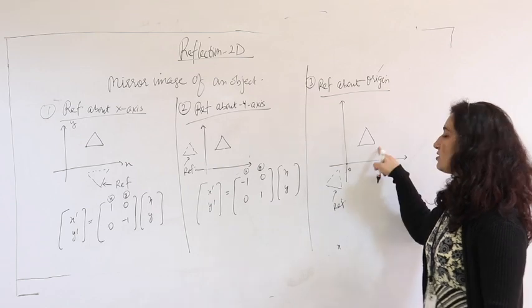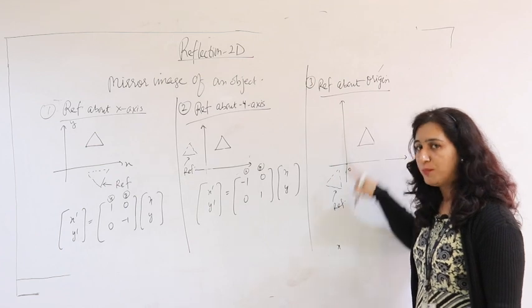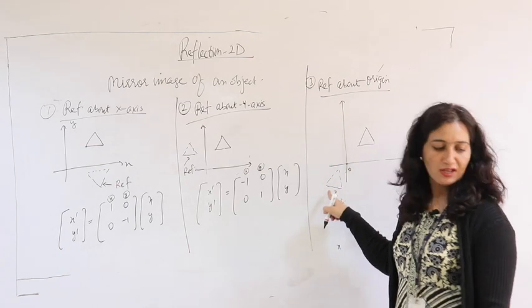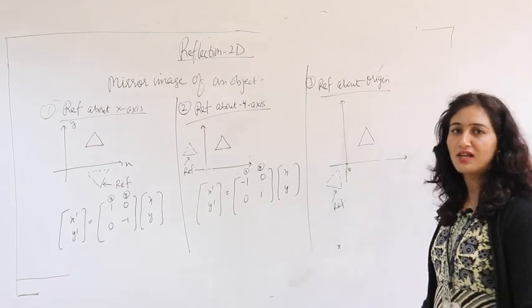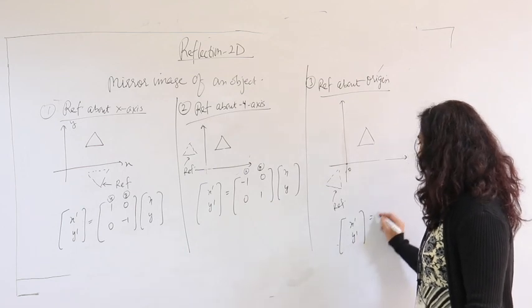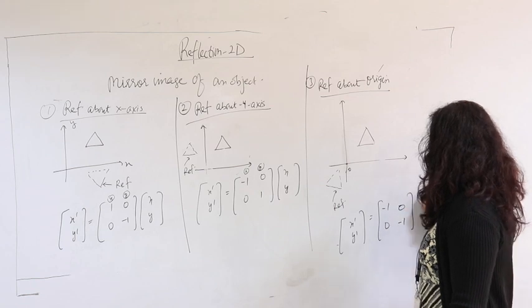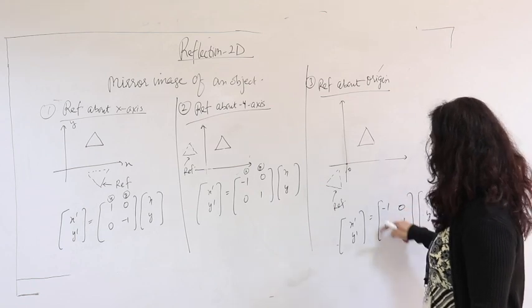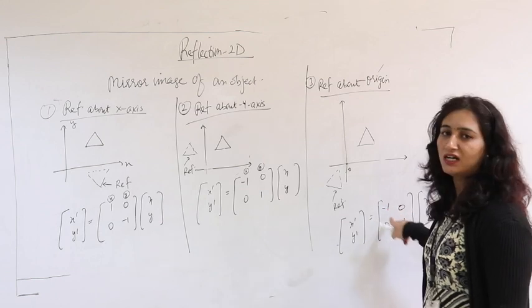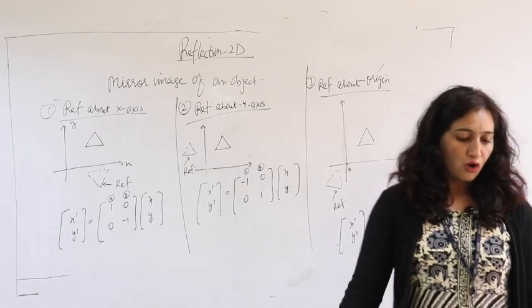So here suppose x is positive, y is positive, but here x is negative and similarly y is negative. So what will be the matrices? X dash y dash is equal to x, there is a change in x, similarly there is a change in y. X is negative, y is negative. That is called reflection about the origin.